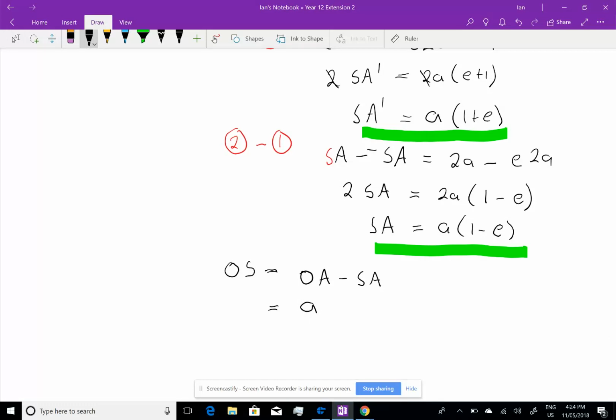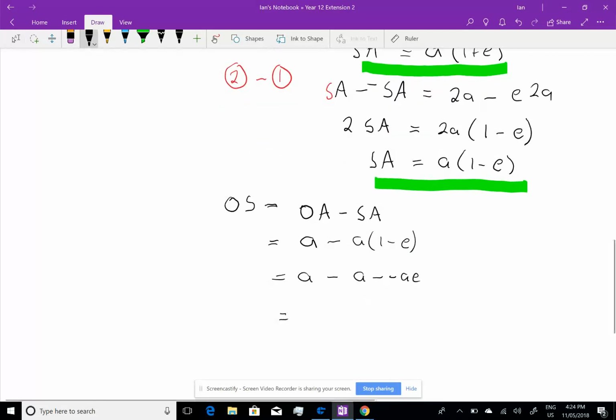It's A outside of 1 minus E, so minus A, 1 minus E. And I'll just expand that, A minus A plus AE, which will give me AE.